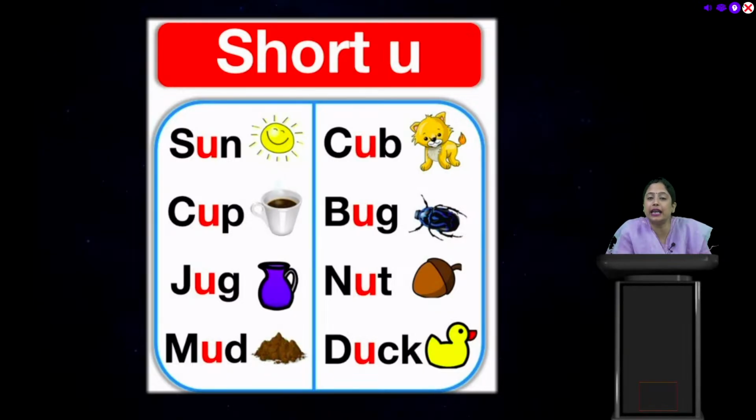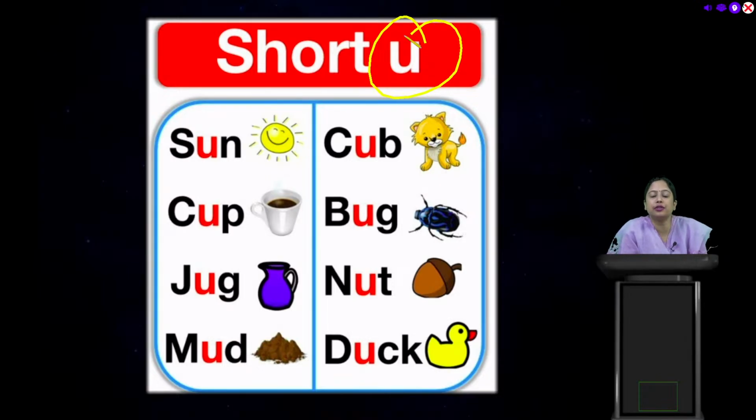So when we say these words, is it short and clipped, or do you think it's long and stretched? We quickly produce the sound. Here, the vowel letter U is produced as a short sound instead of the U sound. So that means the vowel letter U also has more than one sound.